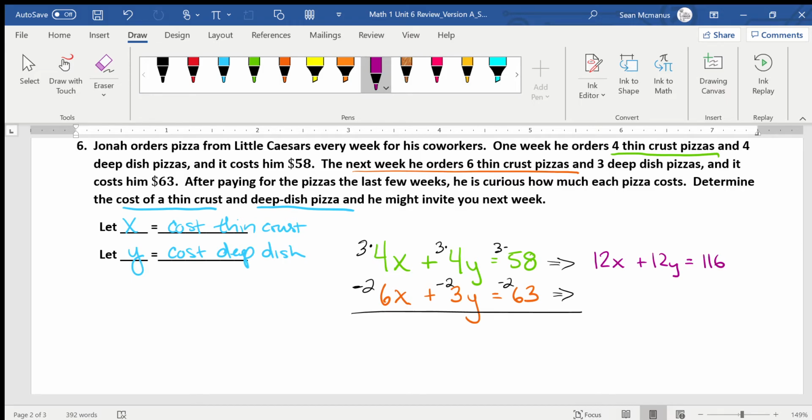And on the bottom, negative 12x minus 6y equals negative 126. So I just manipulate my equations. Now I'm going to add them together. So 12x and negative 12x is a 0. 12y and negative 6y.